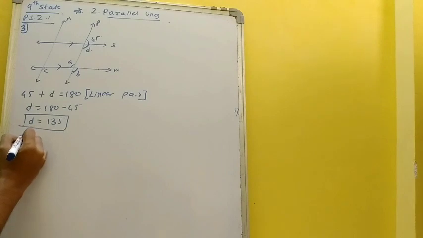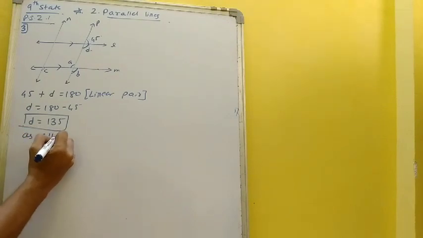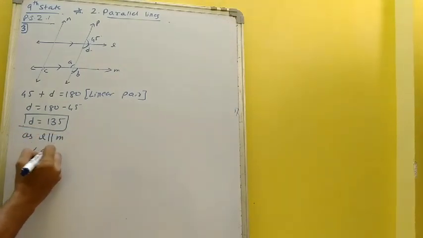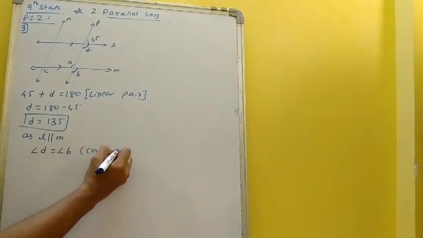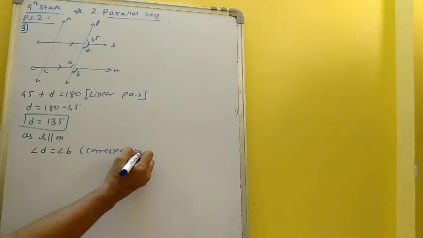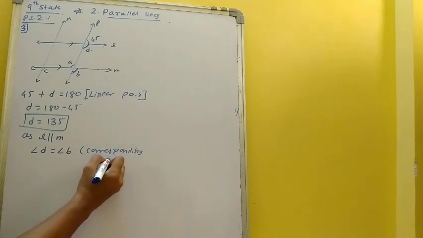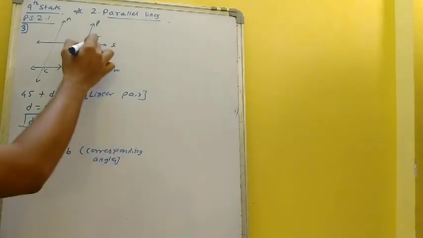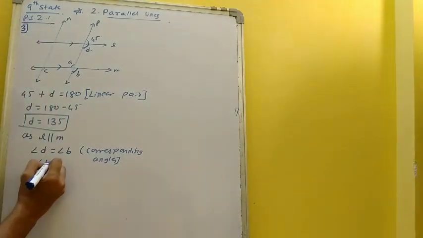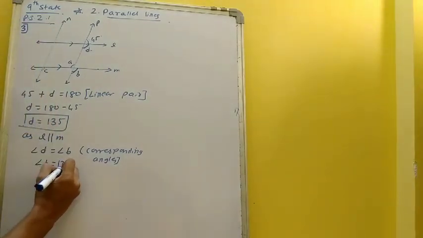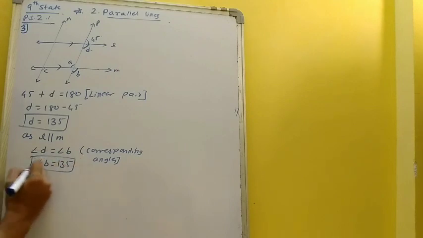So, therefore, as L is parallel to M, angle D is equal to angle B. Corresponding angles. Both the angles are below the line. So, angle B is also 135.